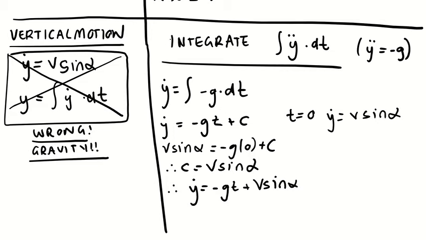And that is how we prove this important formula. So that's the formula, and this is the proof of it. Now that is the formula in terms of t for finding the vertical velocity at any time.